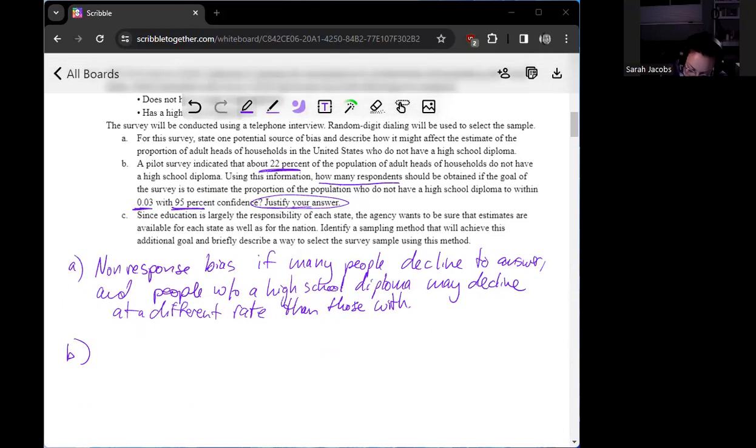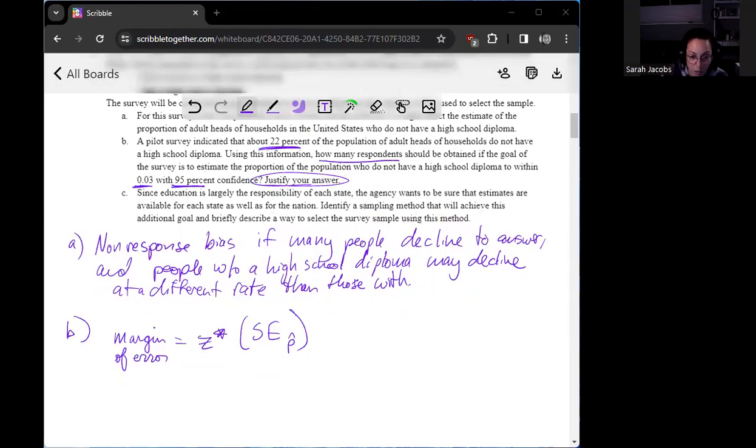So the margin of error is 3%. So we're going to say margin of error is equal to the critical value, the Z star, times the standard error of your sample. So we know a lot of those pieces, but we don't know the n.